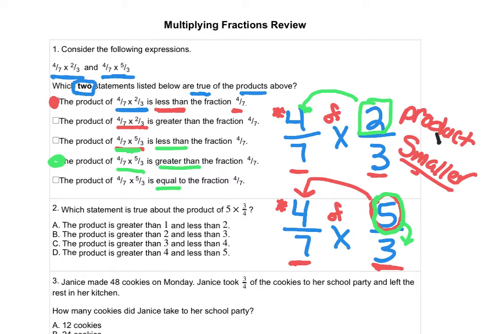Let's check, just to prove these are designed to work by knowing that a fraction times a fraction, your answer is less, and a fraction times an improper fraction, your answer is greater than. But let's check just to verify. 4/7 times 2/3, you would say 4 times 2 is 8, 7 times 3 is 21, and we're comparing it to 4/7.